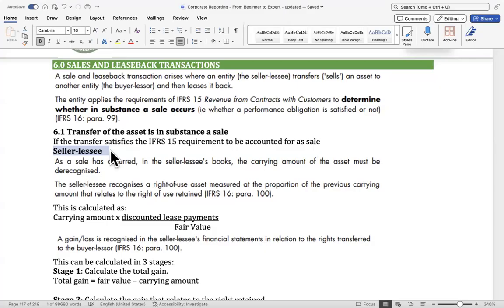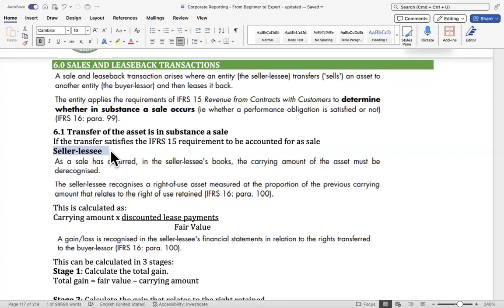The only difference here is this. For that right of use asset, we have a challenge, because the asset was actually in your books before. It was in your books because it was your own. So you sold and leased it back, so the right of use asset is also that same asset.